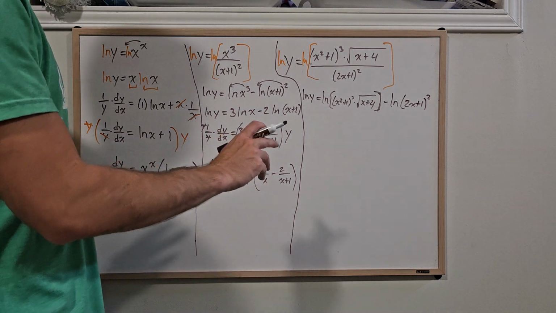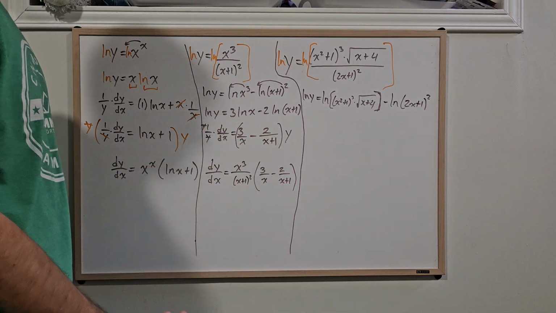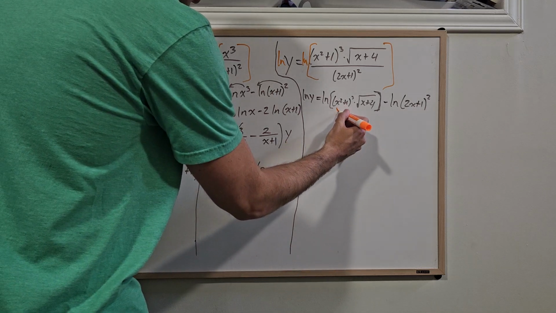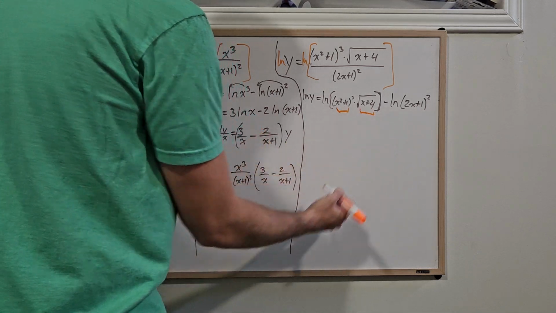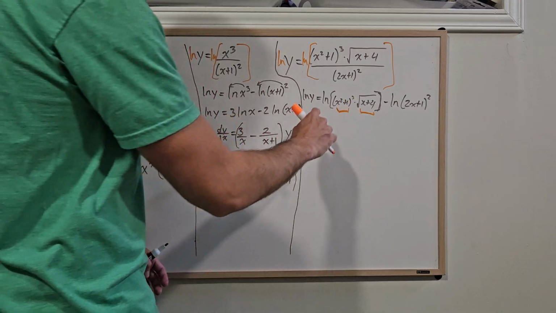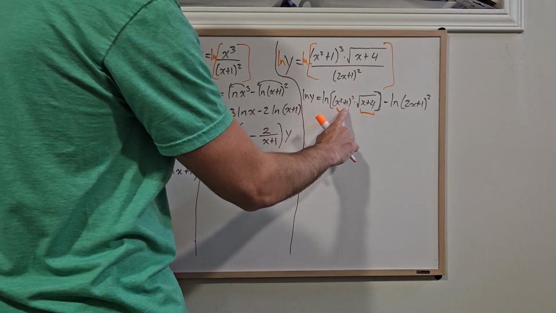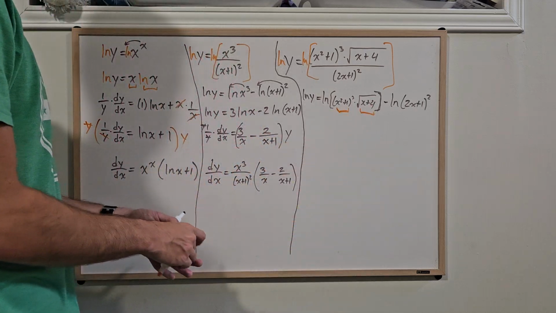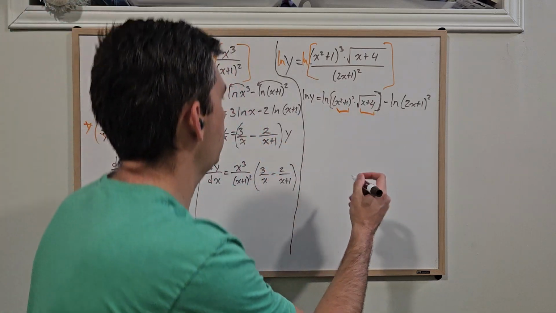All right, now we can further break this down, right? Because I have this right here. When I have the natural log of a product of two things, I can split them up and put an addition symbol in the middle, right? So I can go natural log of x squared plus 1 cubed plus the natural log of square root of x plus 4, okay? So I'm going to go ahead and rewrite it that way.